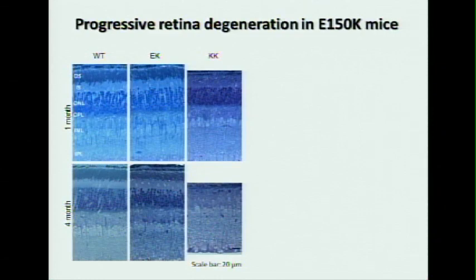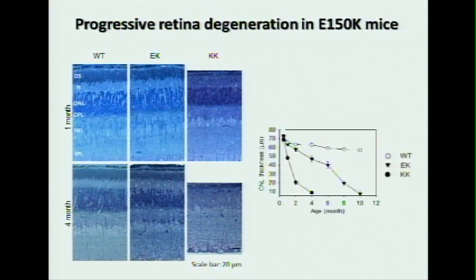We plotted the thickness of the outer nuclear layer during aging, and we can see a quick decrease in outer nuclear layer thickness in the homozygous mouse, indicating rapid degeneration.